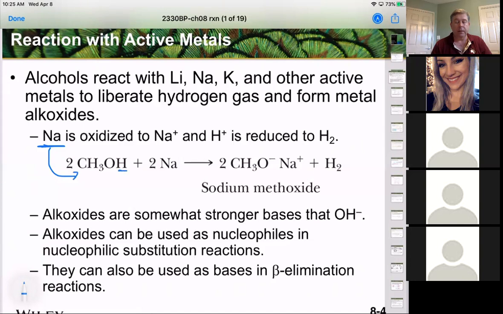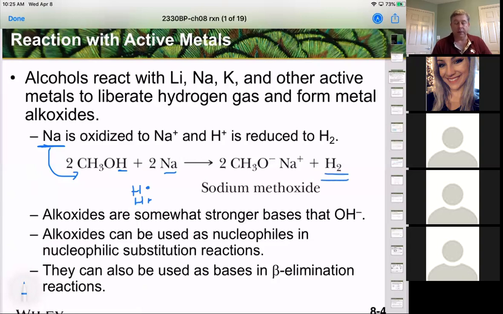reducing the hydrogen here from hydrogen plus to having hydrogen neutral. And then the second equivalent of sodium takes another one, reduces another one to hydrogen neutral. And when it does that, these two can form together and form the diatomic hydrogen.